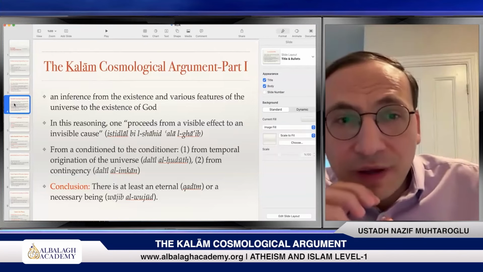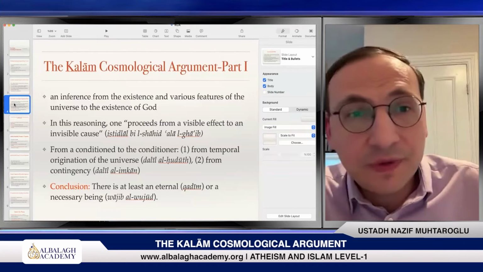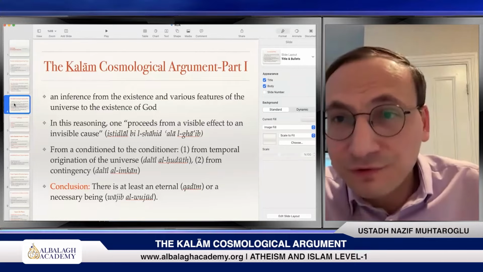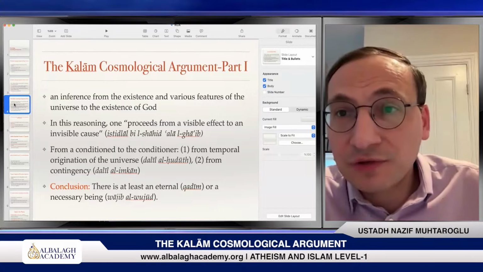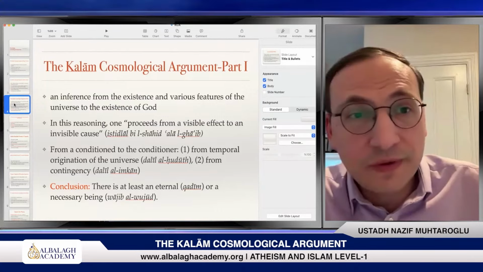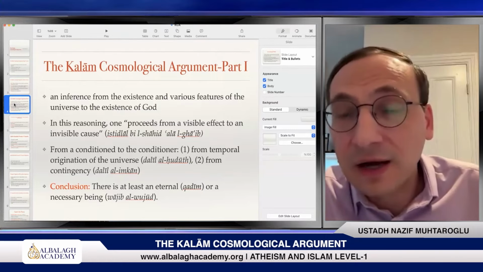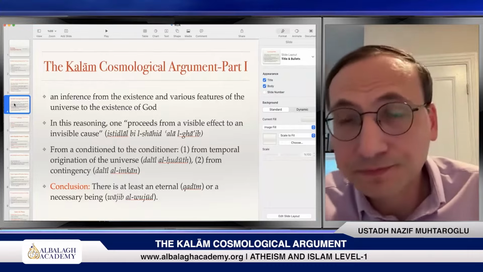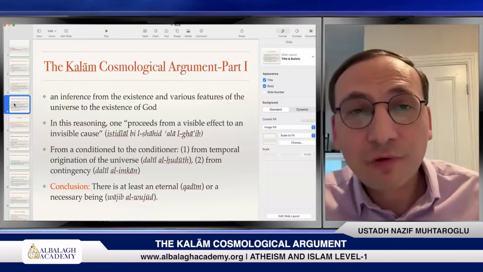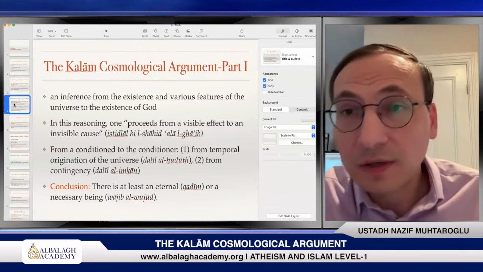Therefore, if we try to understand the real Kalam cosmological argument, we can emphasize the following features. This argument starts from the universe, with the observation of the universe. This idea is called istidlal bi-shahid al-ghayb, an inference from the visible effect to an invisible cause. Therefore, it's cosmological. It is not ontological.